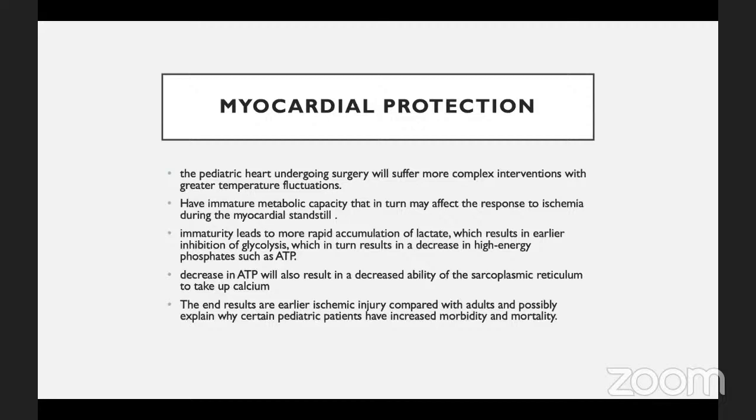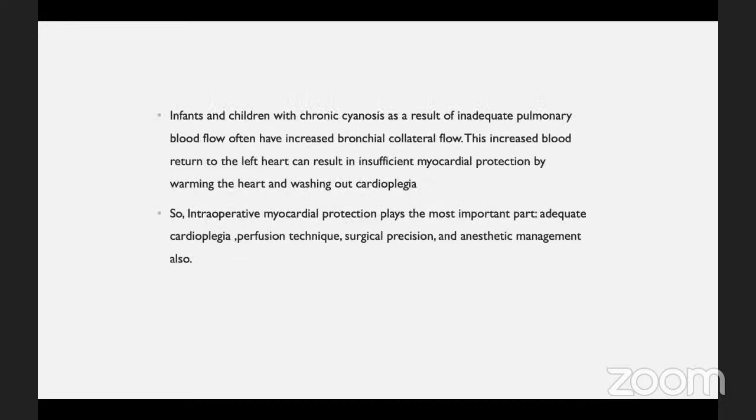So when you arrest the heart, make sure that you give a warm cardioplegia. The advantage is the heart stops beating, but it still remains perfused. When it remains perfused, the myocardium will start building up the ATP, so that when you start giving your cold blood cardioplegia, the myocardium will already have high levels of ATP.